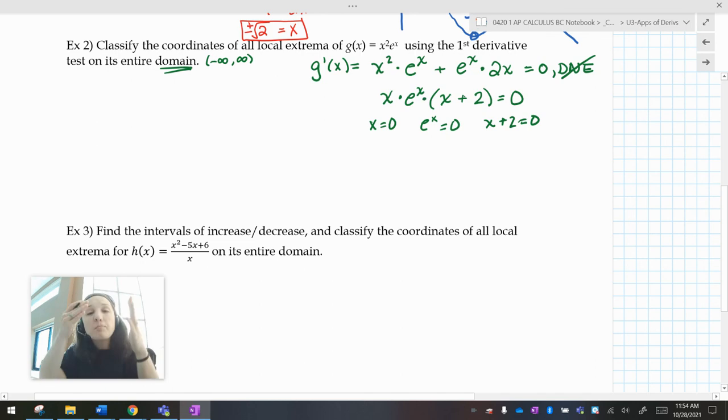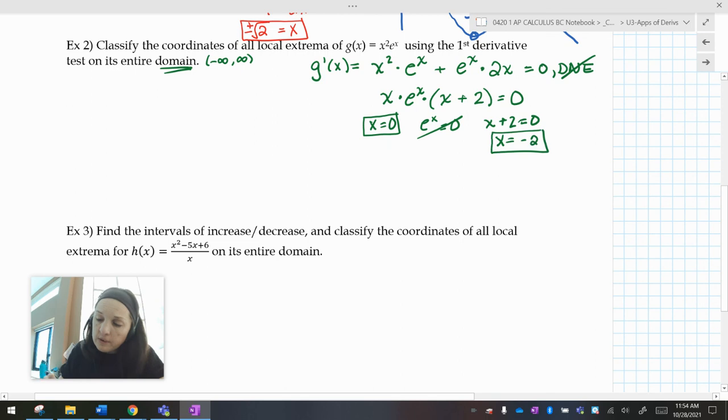Because when you have a product of things and that product equals 0, the zero product property says that one of the things was a 0 in the first place. So x equals 0, there's a good critical point. e to the x equals 0? Yeah, never. That's not going to happen. x plus 2 equals 0 when x is negative 2.